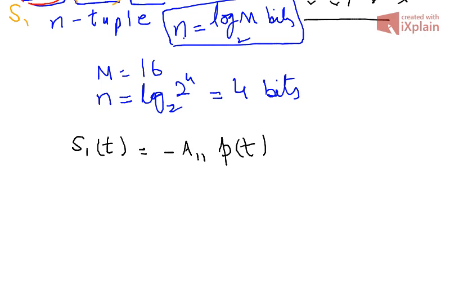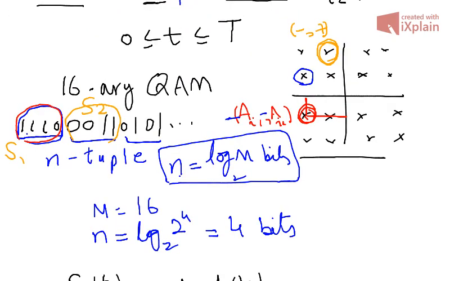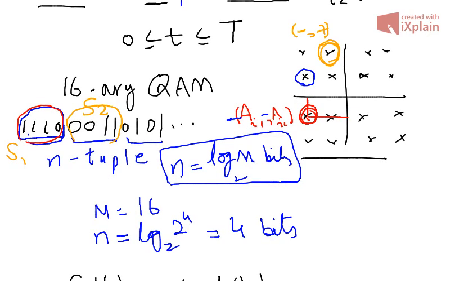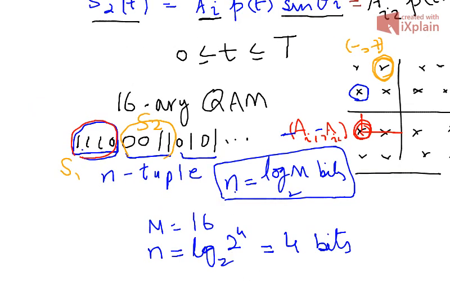And for S2 of t, keep in mind these are different from the symbols, so don't mix them up. Let me give them a different name. Instead of writing S1 here, I would say X1. Let me choose different symbols: suppose this is X1 and X2.